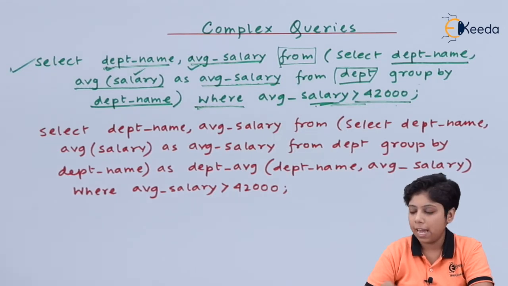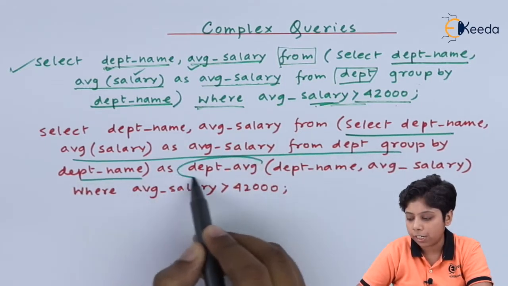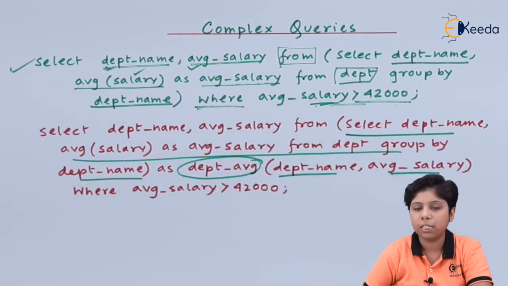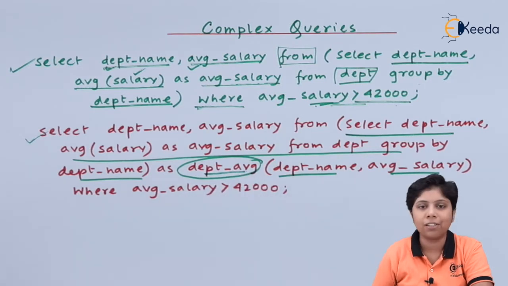In the second query, I have renamed this subquery as department average, which consists of two attributes, department name and avg_salary, so that we can reference this table or relation at a later time also, not only in this query. So a subquery can be kept as another relation if we rename or alias it. Otherwise, it will be a reference only for the outer query of that particular query, so that we can use this department average later in any relation for reference.